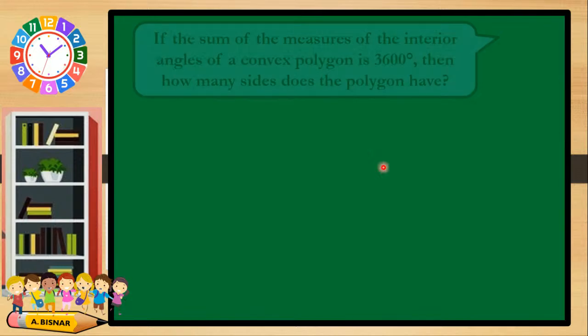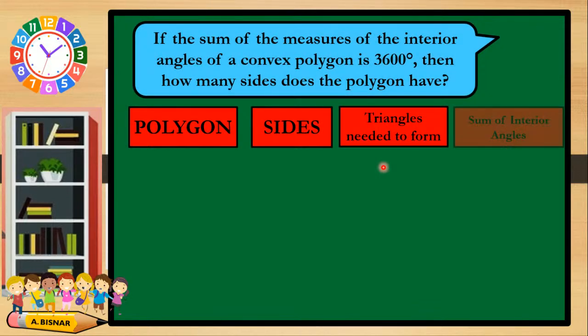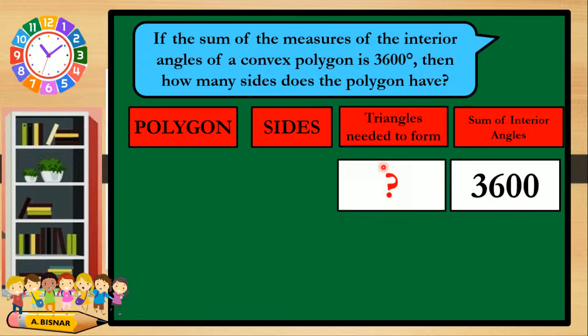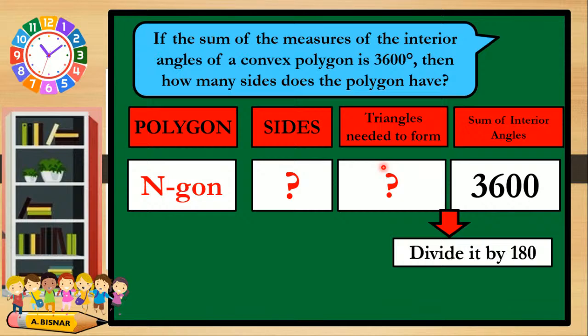Okay, so let's try to use that in here. If the sum of the measures of the interior angles of a convex polygon is 3,600 degrees, then how many sides does the polygon have? Ayan. So first, you will divide. So when you divide it by 180, divide 3,600 by 180.